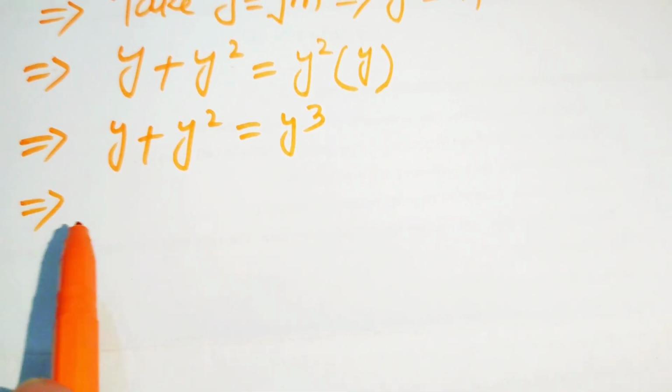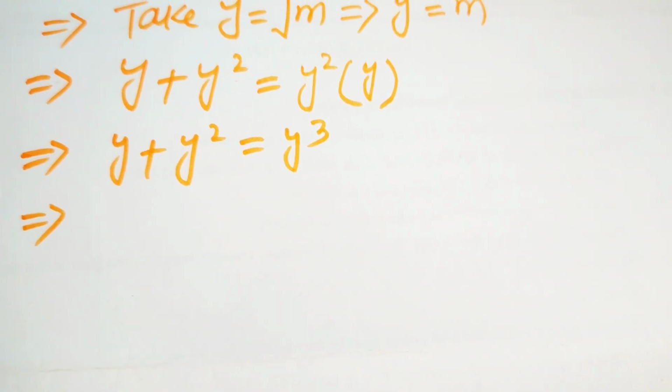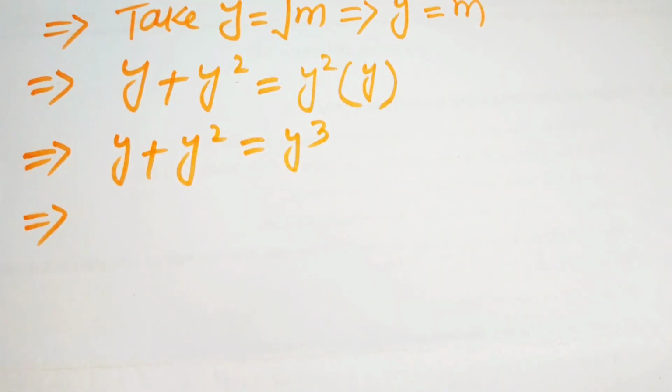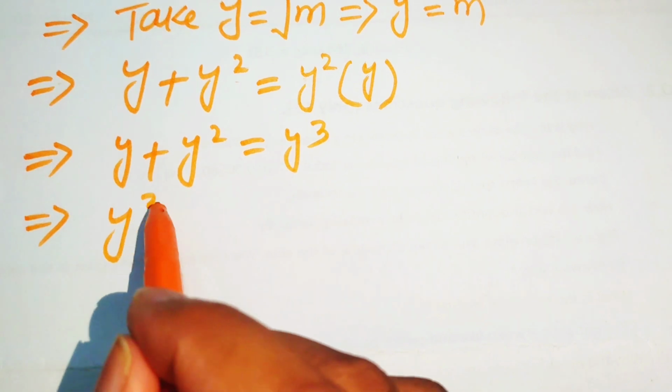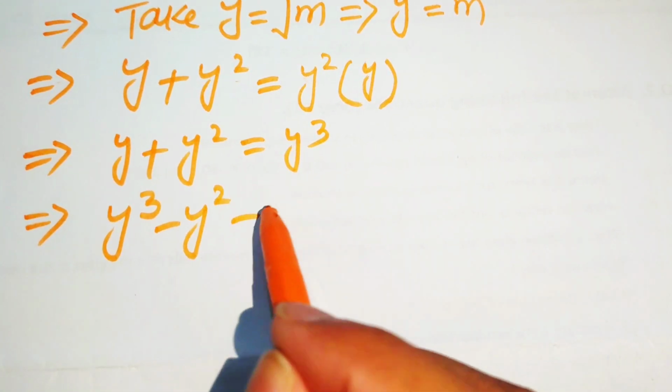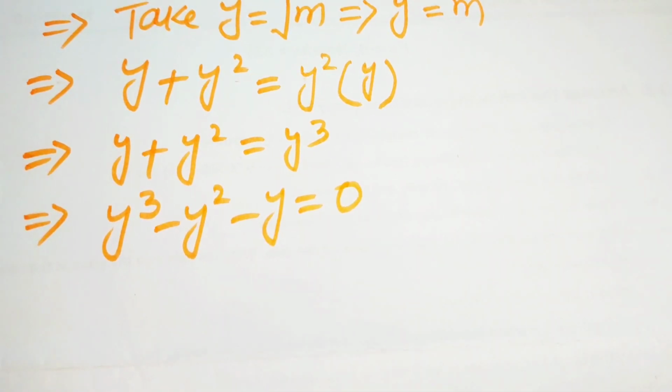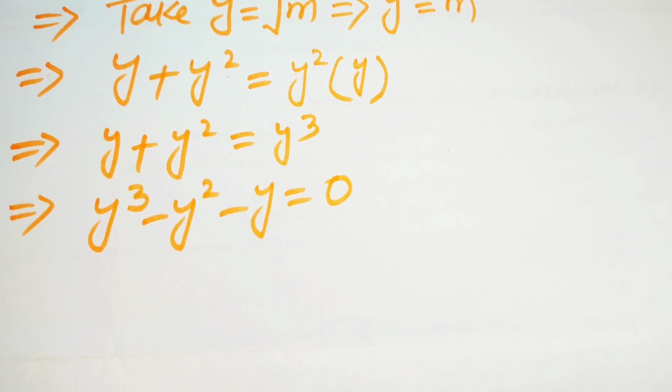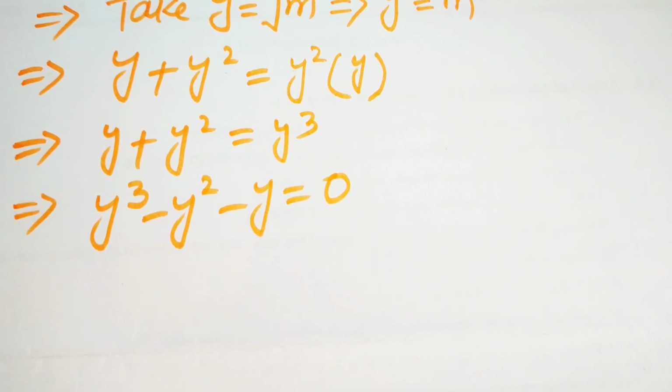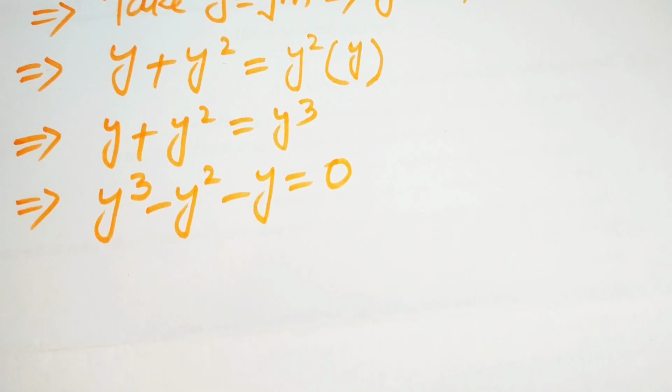Now first we rearrange the terms and move these two terms to the right hand side. It will be written as y cubed minus y square minus y equals 0. In the next step we easily solve this cubic equation.